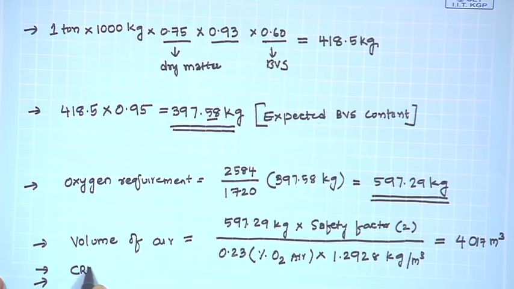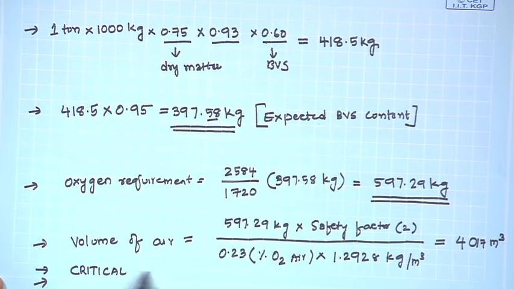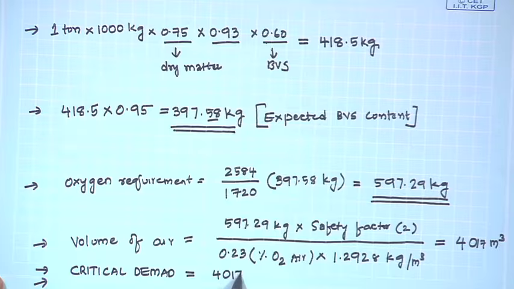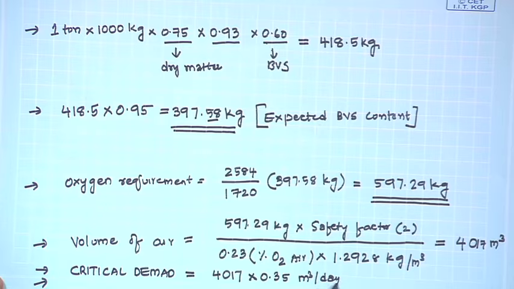The air required is equal to 4017 multiplied by 0.35 meter cube per day, which comes to 1406 meter cube per day.